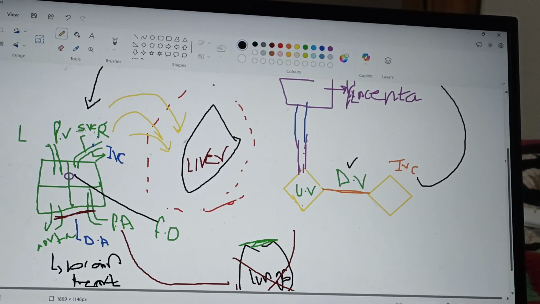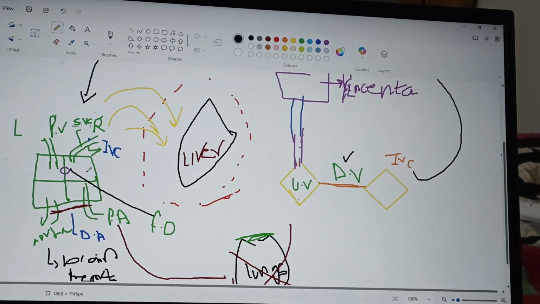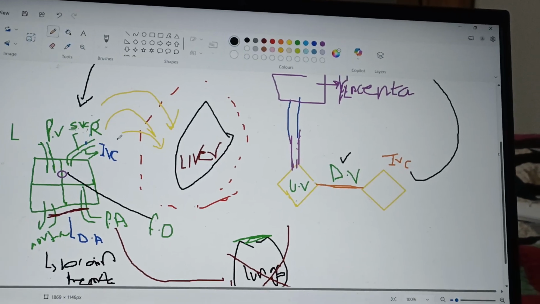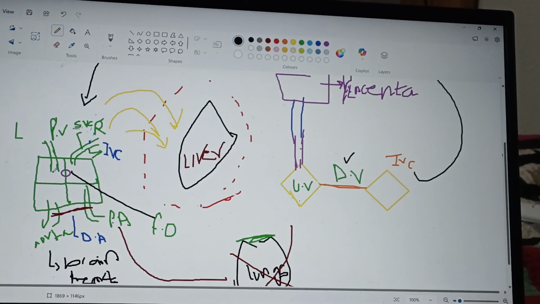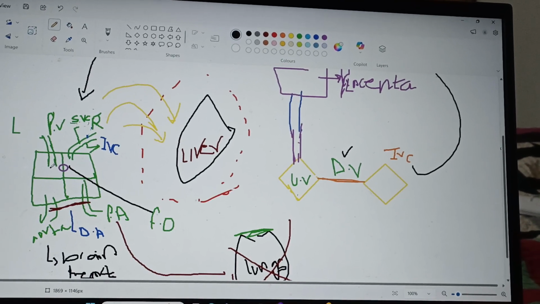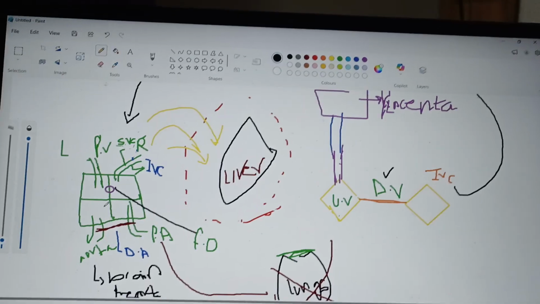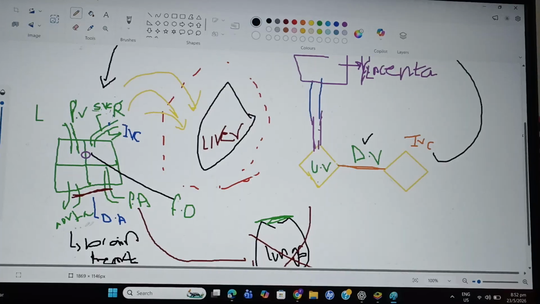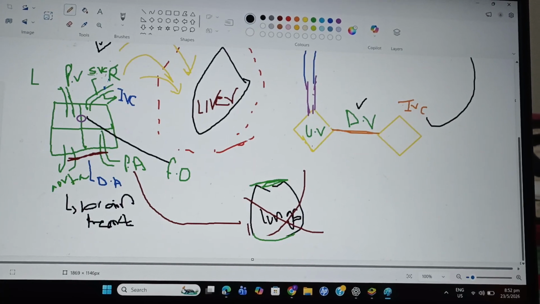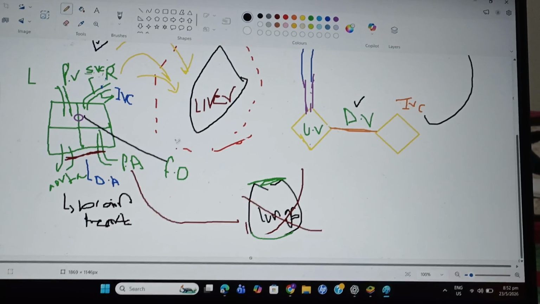So now the blood has the option to go from the right side to the left side via the foramen ovale. Then the blood from the left atrium is transmitted to the left ventricle and then to the aorta. This aorta is going to transmit its blood to the brain, to the heart, to the body, and this blood is oxygenated blood.